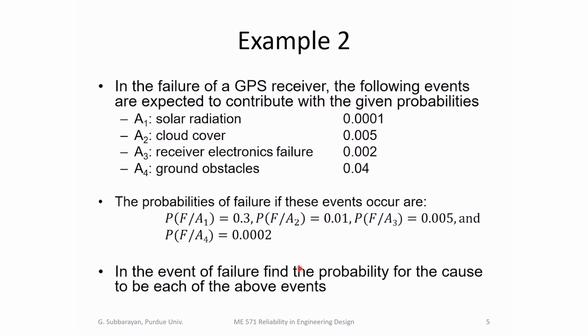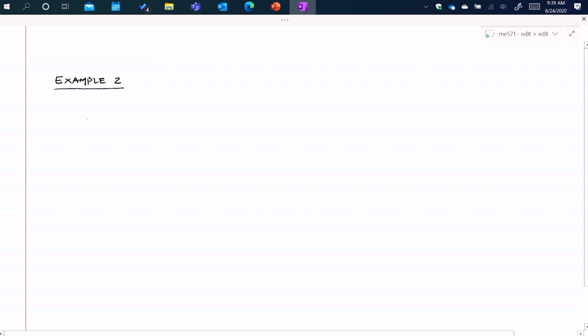All right, so I'm going to switch over to my notebook so I can hand solve this problem. What we are given is the probability of A1 is 0.0001. These are all the probabilities of these events occurring.